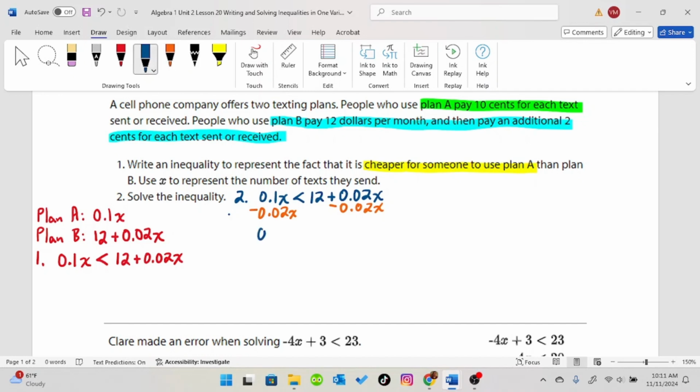This would give me 0.08x is less than 12. The opposite of multiplying by 0.08 is dividing by 0.08.